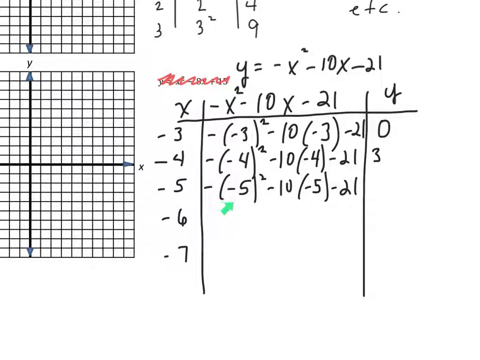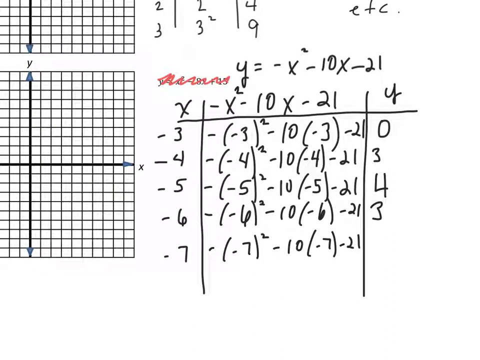So here when we put the negative 5 in, this beginning here will end up being negative 25 plus 50, which is 25, minus 21 is 4. Substituting negative 6 will result in a value of 3 again. And substituting negative 7 should result in 0.